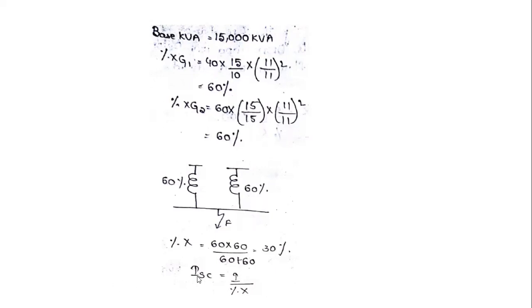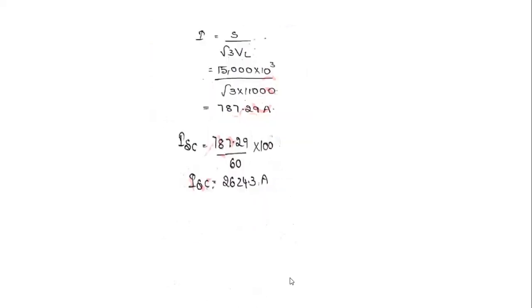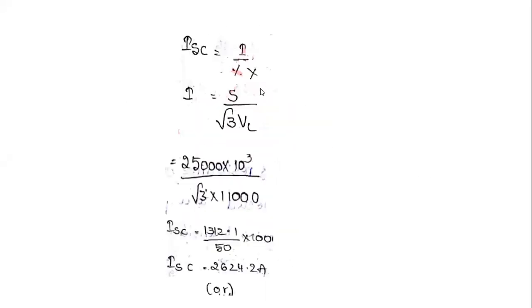Next, we calculate the short circuit current ISC. What is the formula? ISC is equal to I by percentage X. Before calculating the short circuit current, first we calculate I. What is the formula for I? S by root 3 VL. What is the power? That is 15,000.